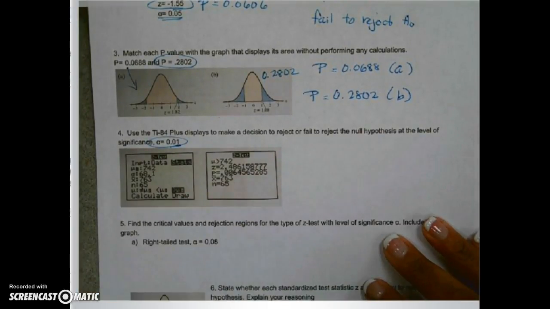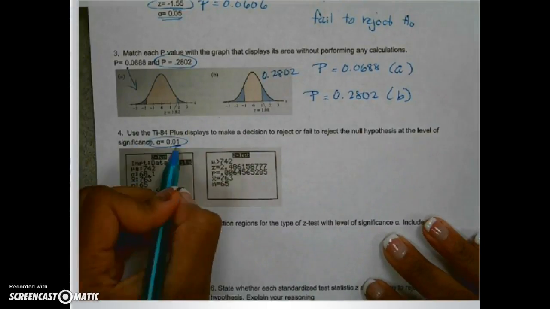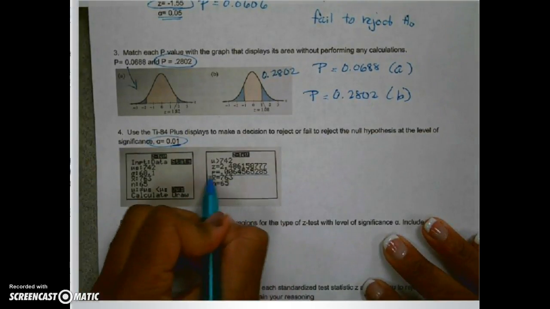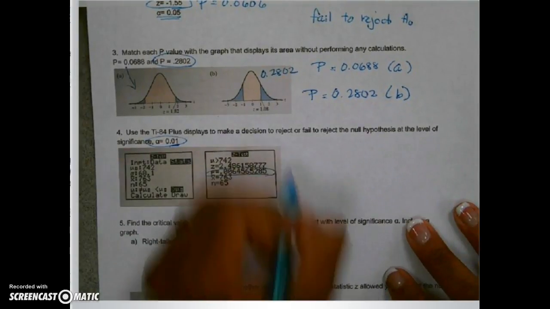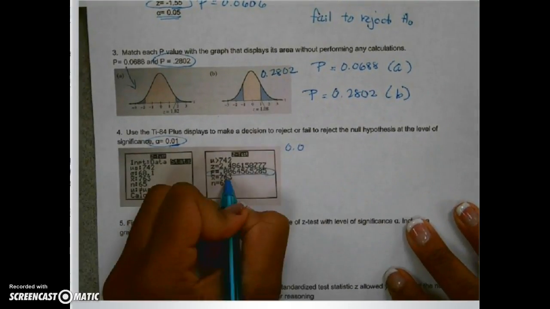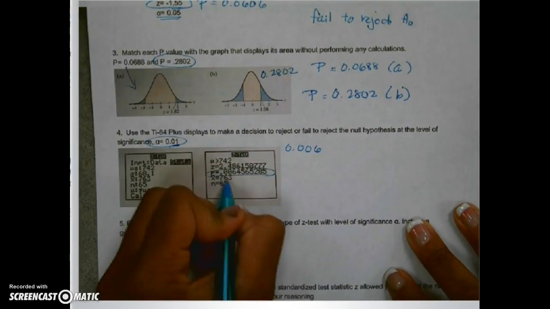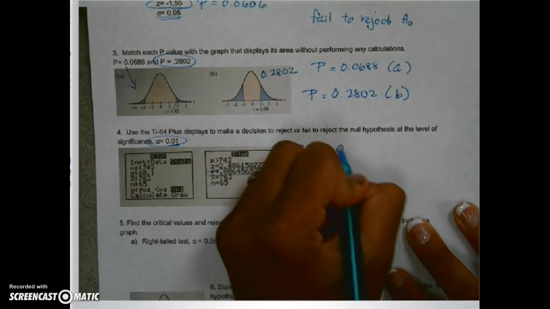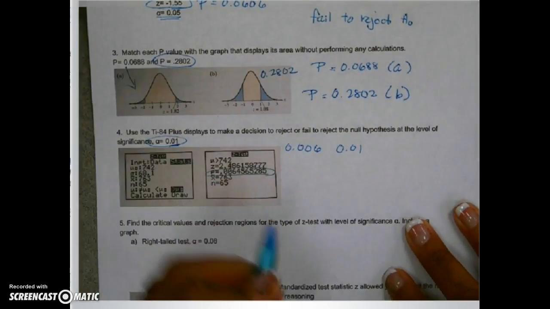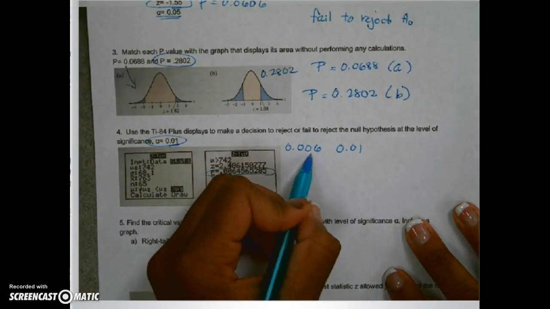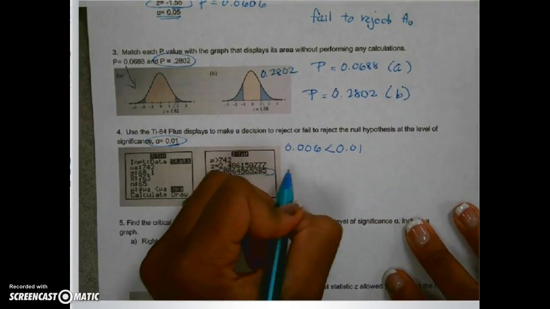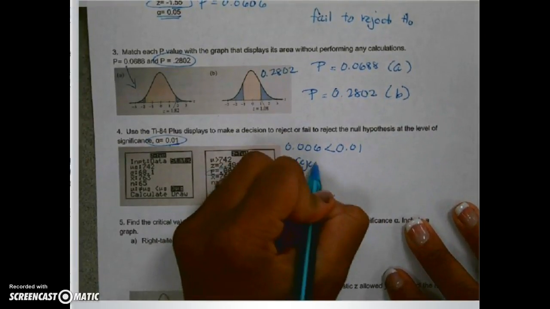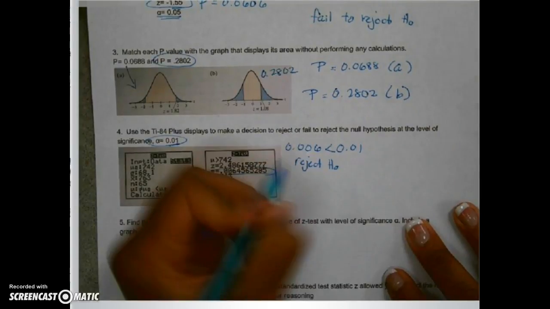Here's what we've been doing: we compare the 0.006, I'm rounding off, to 0.01. In comparison, this is way smaller, therefore I'm going to reject the null.